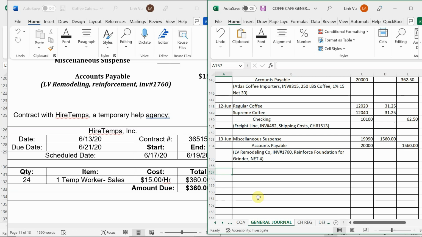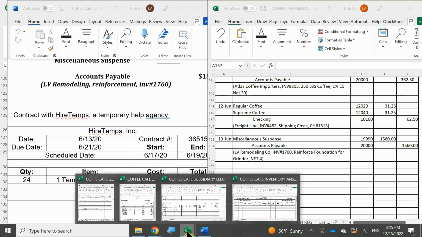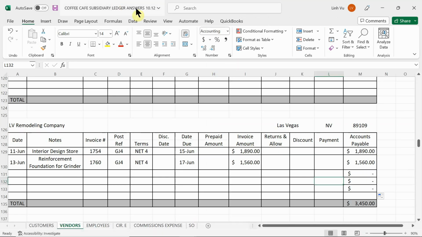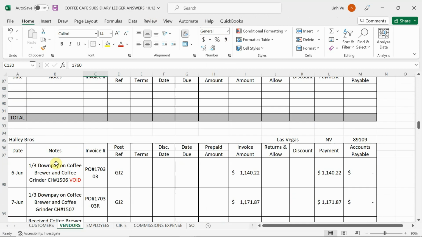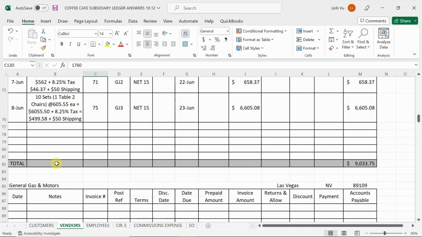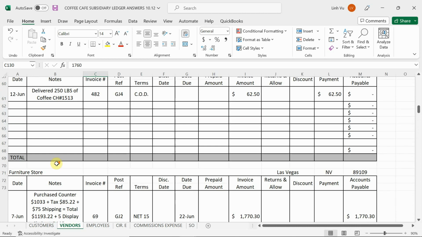We already know, we get the point. Okay, so now that I established that, yes, you should put this in your subsidiary ledger, because Hire Temps is a work agency. We need to go ahead and record that.